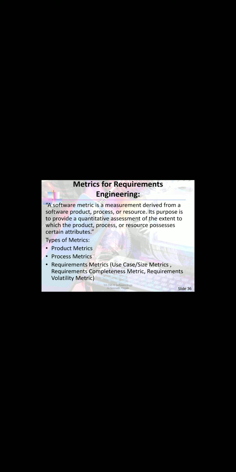Basically there are two types of metrics: product metrics and process metrics. Similarly with requirement metrics. What we are going to see is how we are going to measure. For example, different attributes we need to take into consideration, like duration, length, rate, efficiency, quality, reliability.